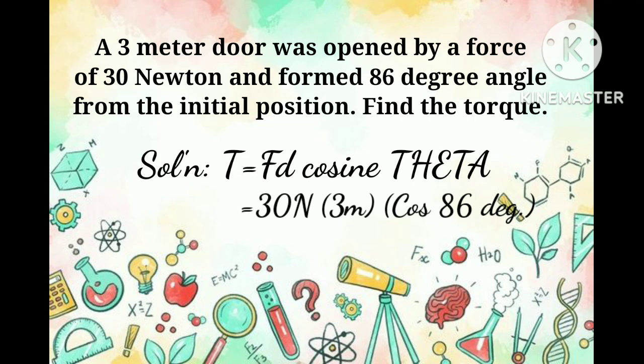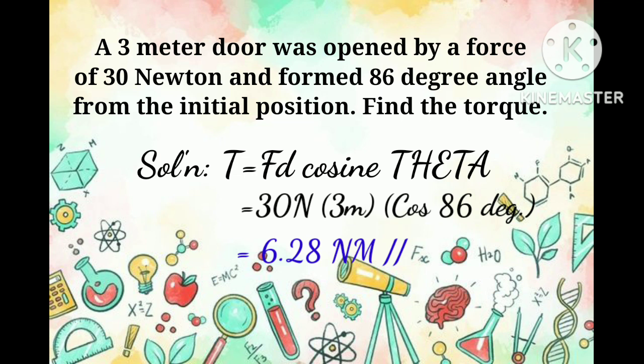Now, let's find the torque. 30 Newton is multiplied by 3 meters cosine 86 degrees. And the answer to the problem is 6.28 Newton meters.